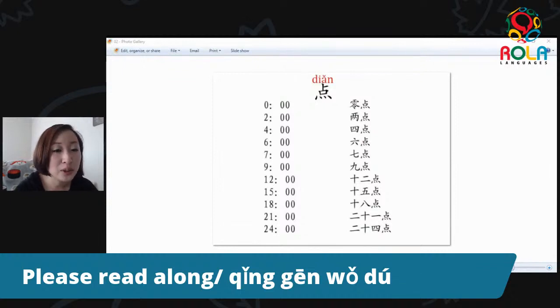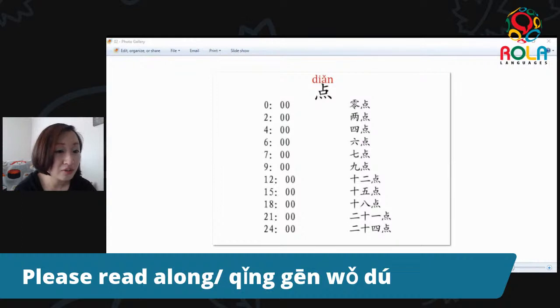The first one, 0 o'clock. I mean midnight, 0 o'clock, right? We say 零点. The next one, 2 o'clock. When we count numbers, 1, 2, 3, 4, 5, but if we use the number 2 in real life, in a lot of cases we do not say the counting 2, we say the other 2.